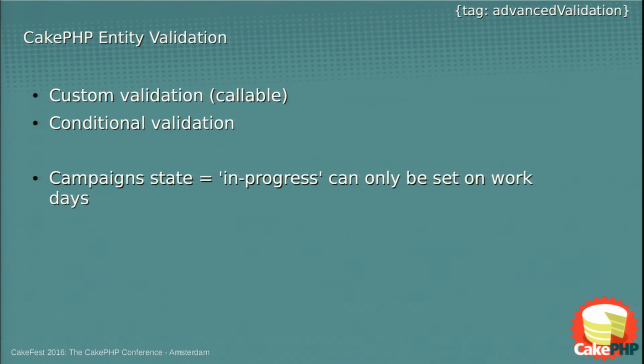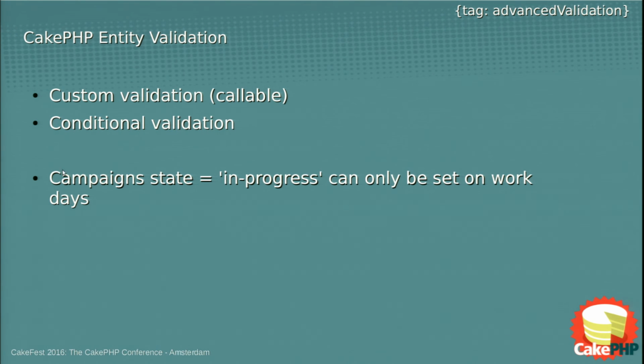So what if we want to validate campaigns this way? We will be able to set status to in progress only on work days. So if it is Saturday, we cannot set a campaign as in progress because of reasons. Okay.